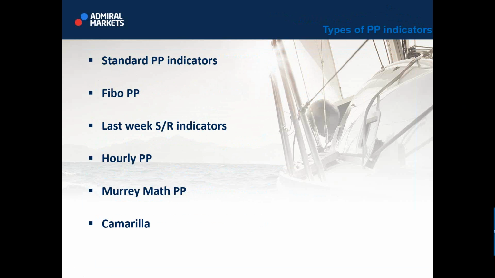Murray-Matt does not change every single day. It only changes when the overshoot levels are broken, +2/8, -2/8. When those two levels are broken, then Murray-Matt changes its levels. All of these other indicators, which you can see on the slide, usually change levels each day, and that is a normal thing. It's nothing strange.